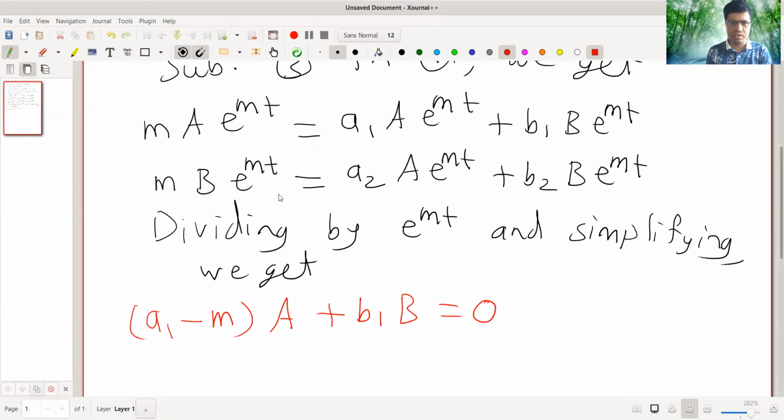First equation. Second equation is a2 into A plus b2 minus m into B equal to 0. Okay.